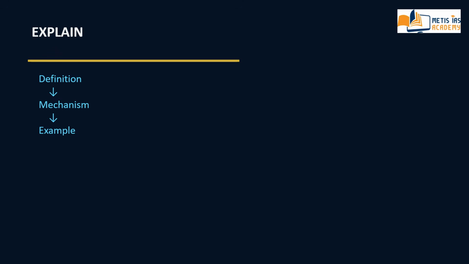Coming to the next family, that is extraction directives. Extraction means pick elements. The purpose here is to select only what matters. The directive words are: highlight, enumerate, identify, mention, state, list.